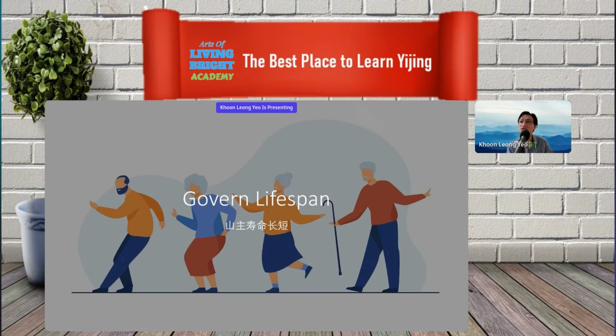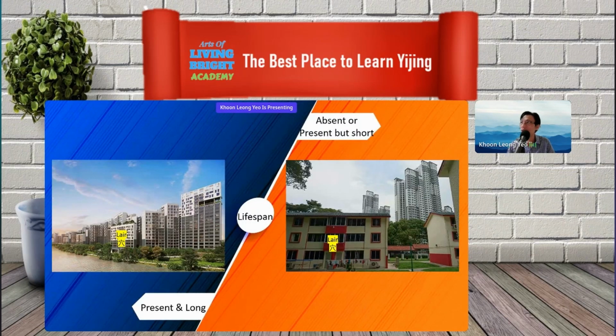So next one is that the back dragon also governs your lifespan, the longevity part of it. Now take a look at A and B, left or right. Now, if the back is there, there's a building there, and it's very long.